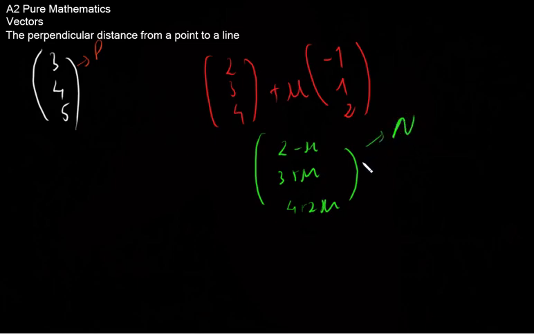So we have P to N, PN, which should be equal to ON minus OP.